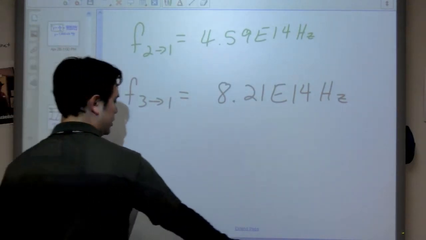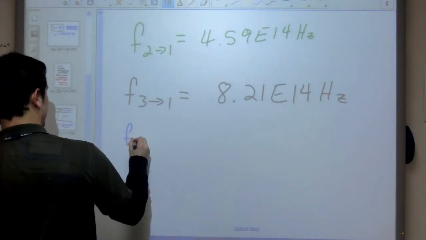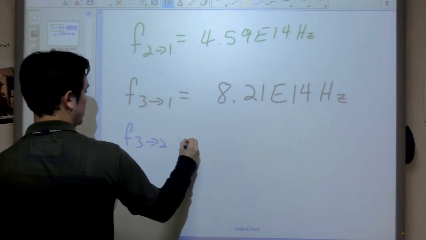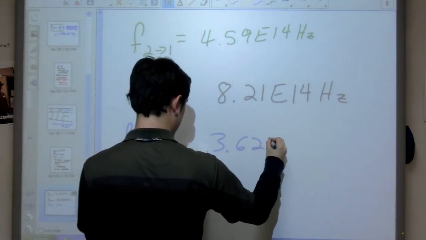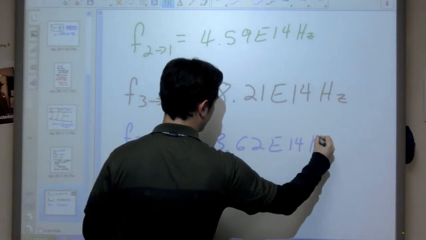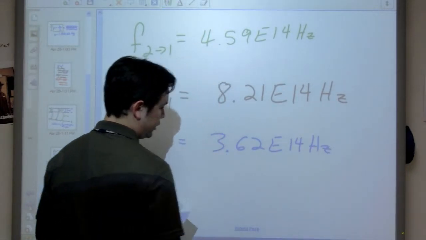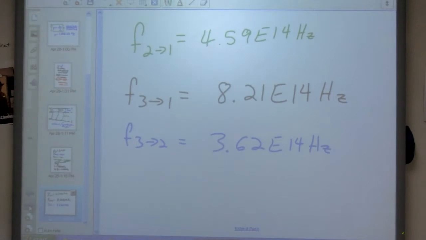And then the last one, our transition from 3 to 2, equals 3.62 times 10 to the 14th hertz. Because I want to find this for each type of light that I can emit, so I can find out exactly what all I can get.